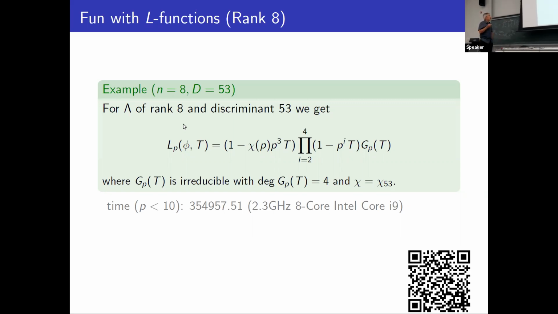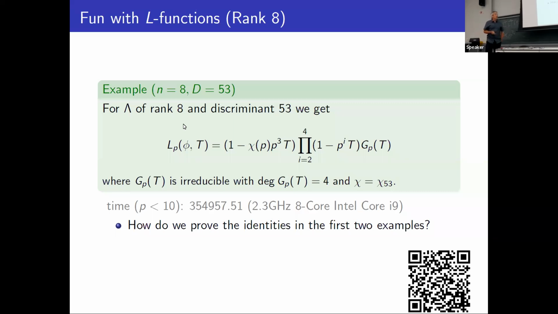So these are questions that we were asking ourselves. Another question is, how do we prove all the identities that we had before, right? We see them for p up to 100 or up to whatever we can compute, but we want to say that they're true in general, right? We could try to fit it to Lean, but I don't think we're there yet. Yeah, and as I said, I want to know where this polynomial comes from.